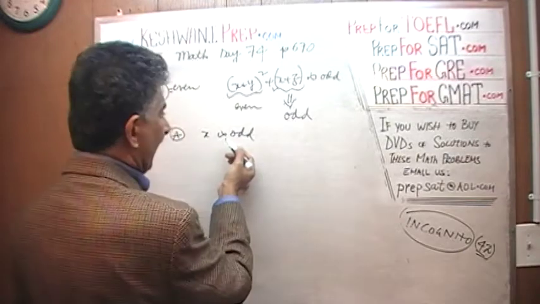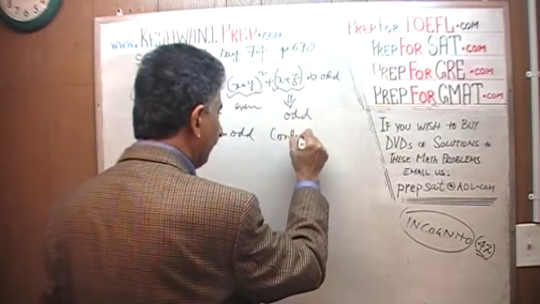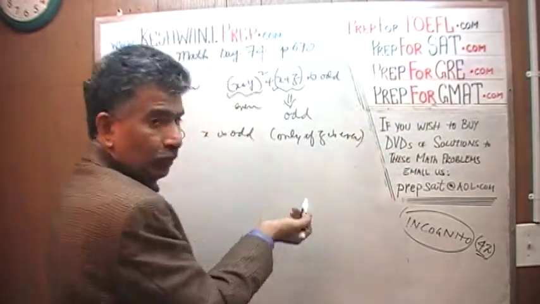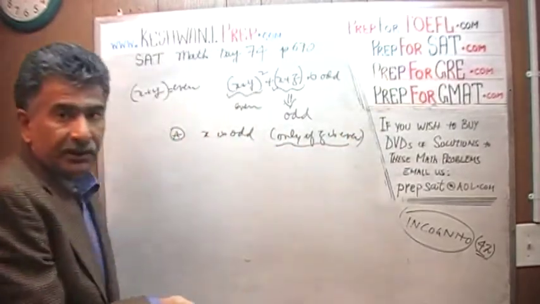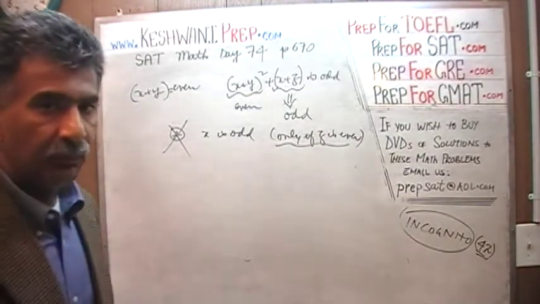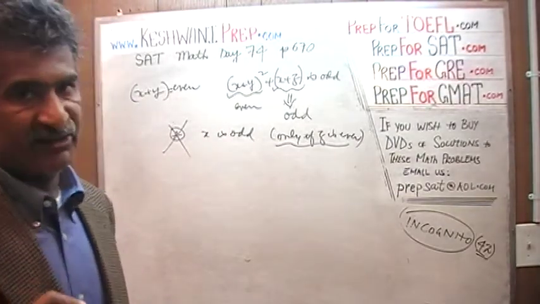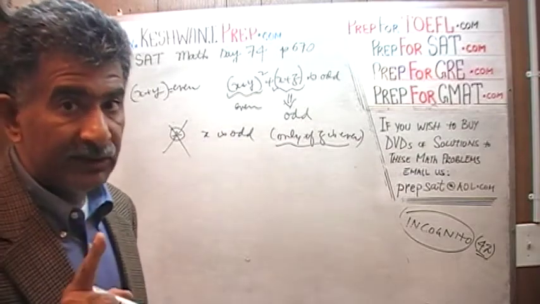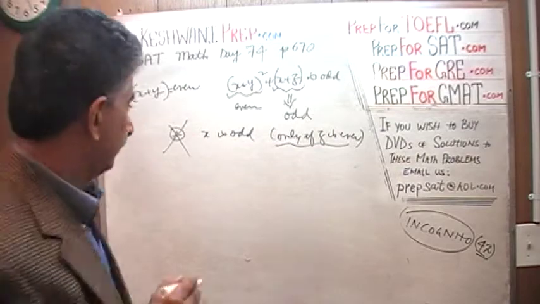If x is odd, only if z is even. But we are not told that part. This part is not there. We cannot assume that. So without that, it's not true. Well, I shouldn't say it's not true. What we should say is it's not necessarily true. It may be true. x may be odd if z happens to be even.